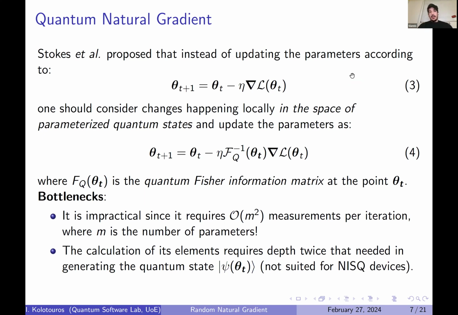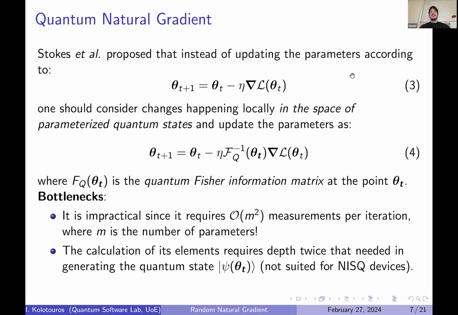I'm going to tell you in a few seconds what the quantum Fisher information matrix is, but this method works pretty well. Sometimes it avoids local minima, but the problem with this approach is that it is impractical, as if you have m parameters in your quantum circuit, then you would need to prepare m squared quantum states.